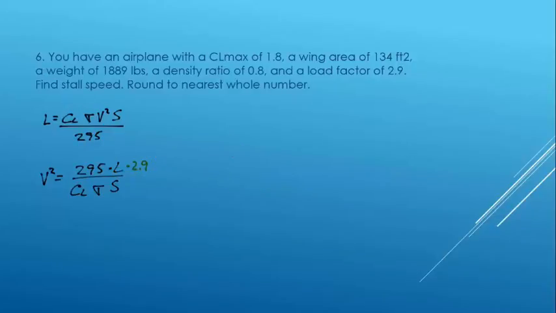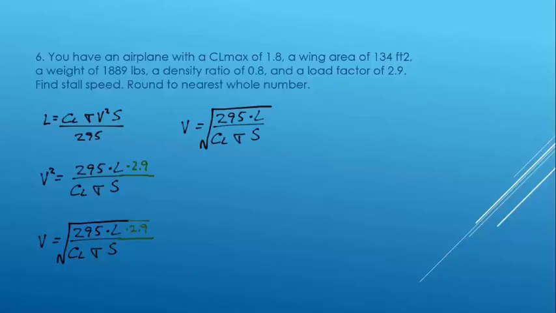Now we're going to want to simplify this formula. We get the square root of both sides, and when we do that, we eliminate the velocity squared on the left side. And so we wind up with this particular formula.